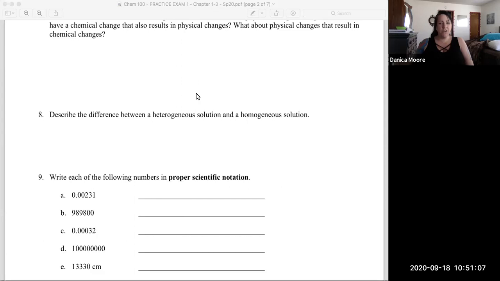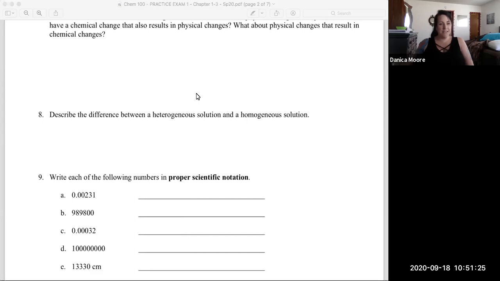So I think it's actually harder to come up with heterogeneous mixtures than it is homogeneous, mostly because the heterogeneous seems like just about everything that's not homogeneous, if that makes sense.